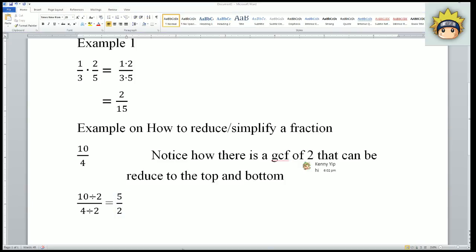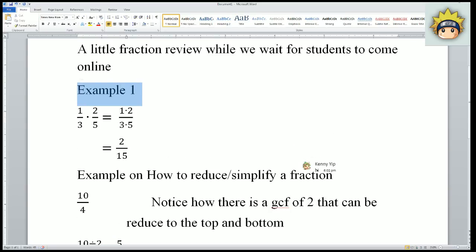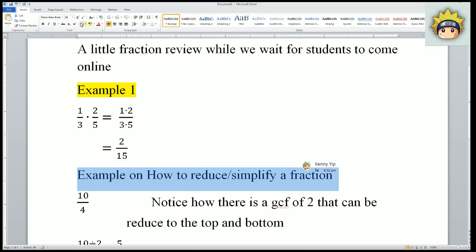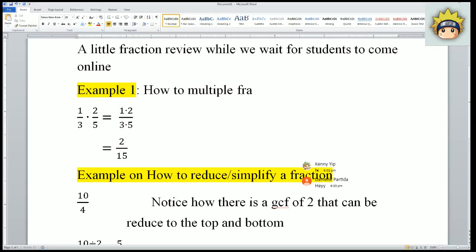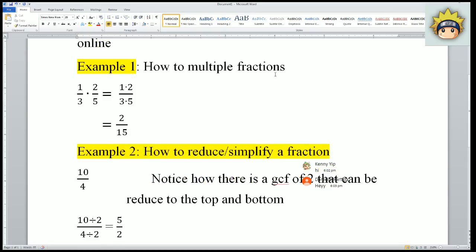Okay, so that's just a brief example of how to deal with fractions. Example 1 was how to multiply fractions, and this is example 2 on how to reduce or simplify a fraction.